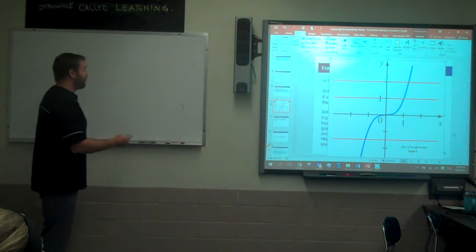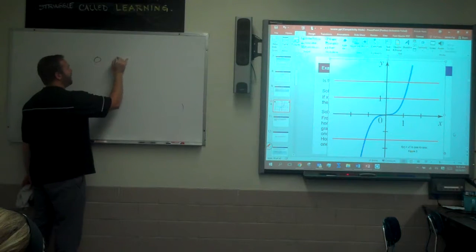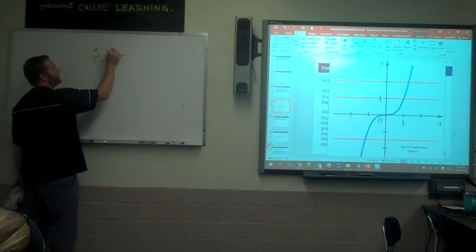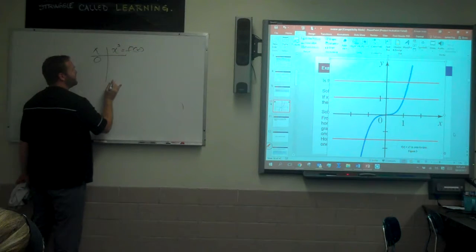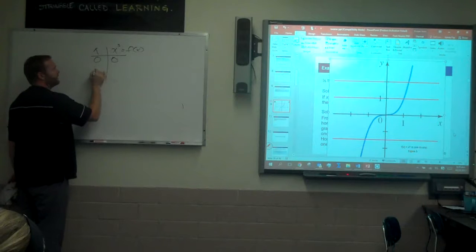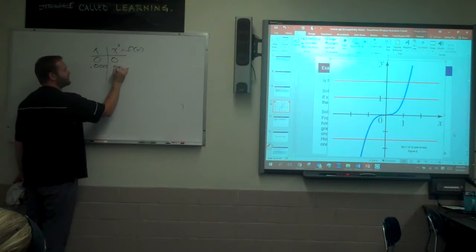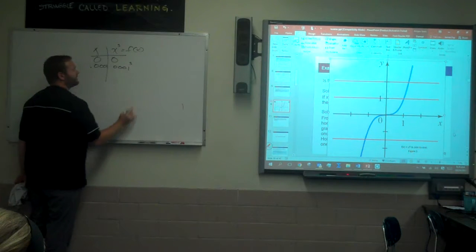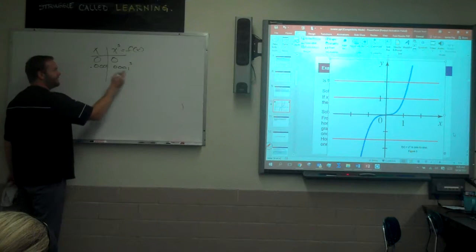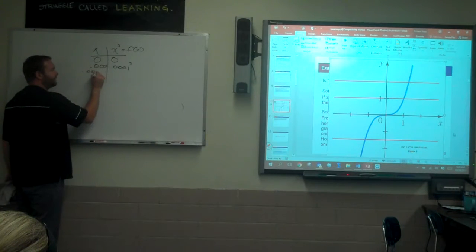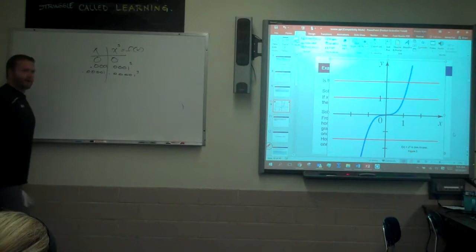I'll start with x values and then get our y values, or f of x values. 0 cubed is 0. If I go to 0.0001 and cube it, whatever that calculates to is going to be different from that number, right?